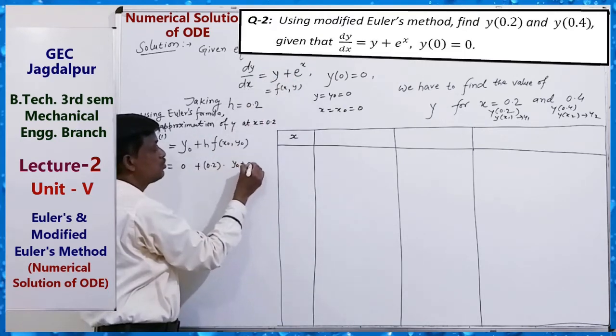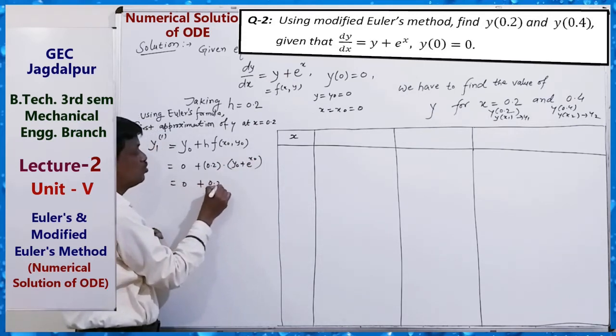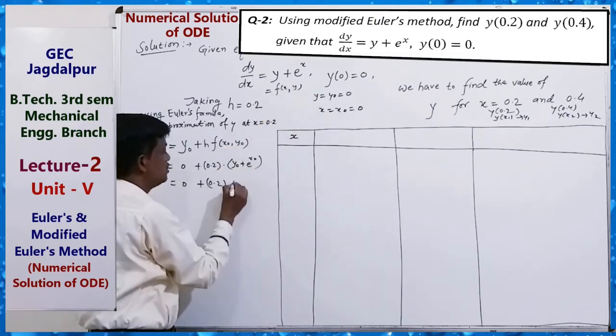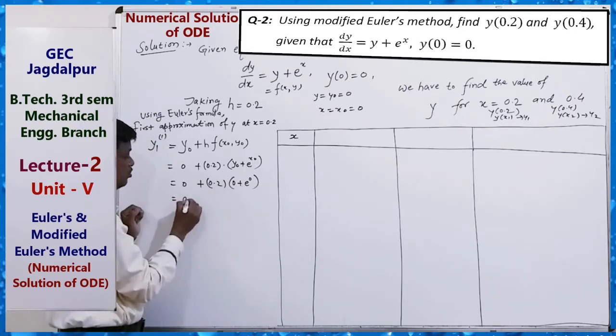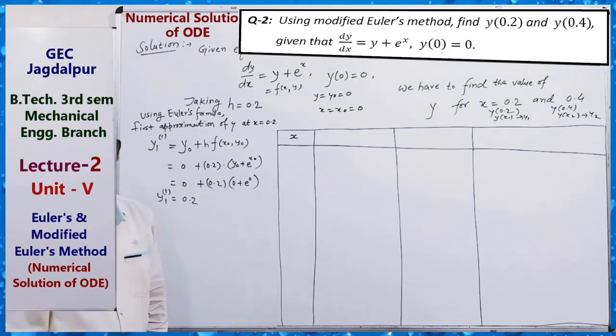So y0 plus e to the power x0. So here we have 0 plus 0.2 into y0, which is 0, plus e to the power 0. That is what? 1. So y1, the first approximation, is 0.2.